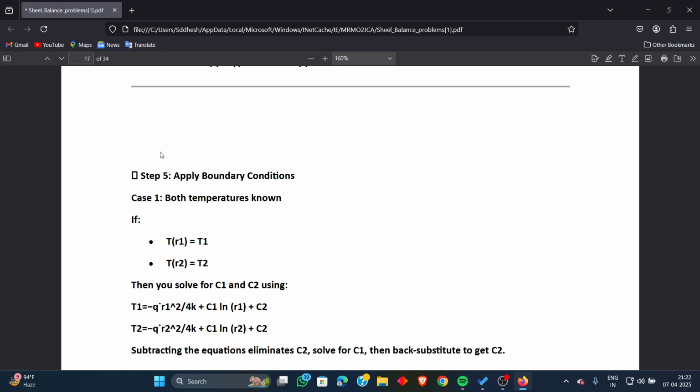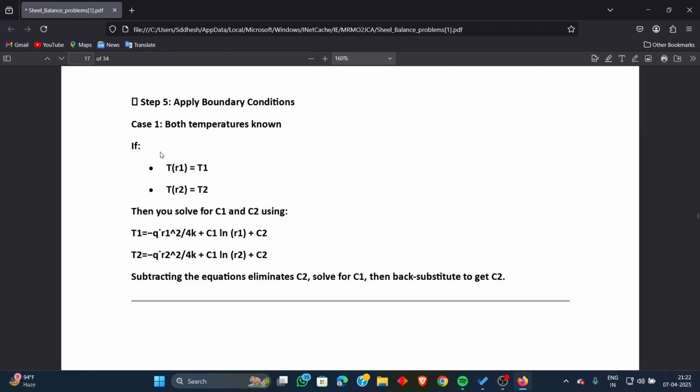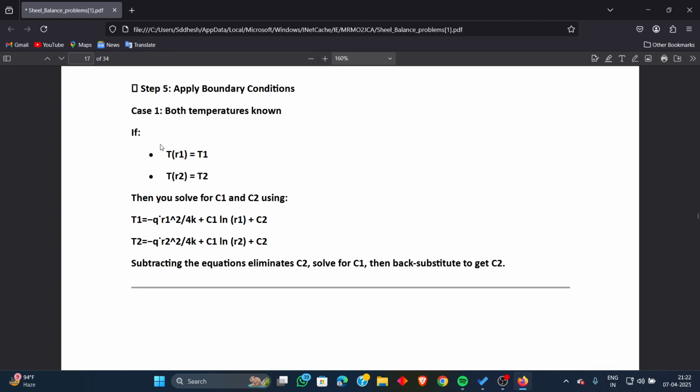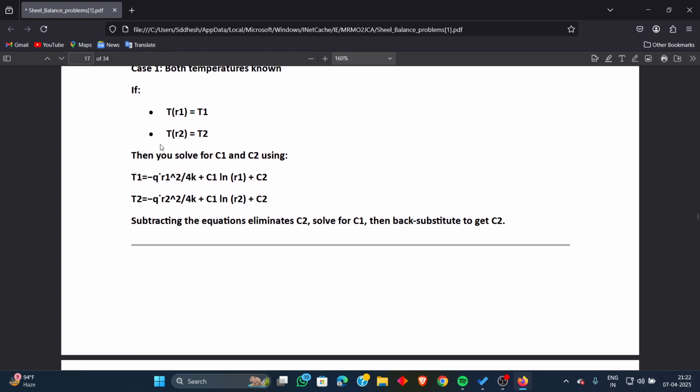If T(R1) is equal to T1 and T(R2) is equal to T2, then you solve for C1 and C2 using T1 is equal to minus Q dot R1 square upon 4K plus C1 ln R1 plus C2. And for T2, we have to solve T2 is equal to minus Q dot R2 square upon 4K plus C1 ln R2 plus C2. Subtracting the equations eliminates C2, and after solving for C1, by back substituting we get C2.